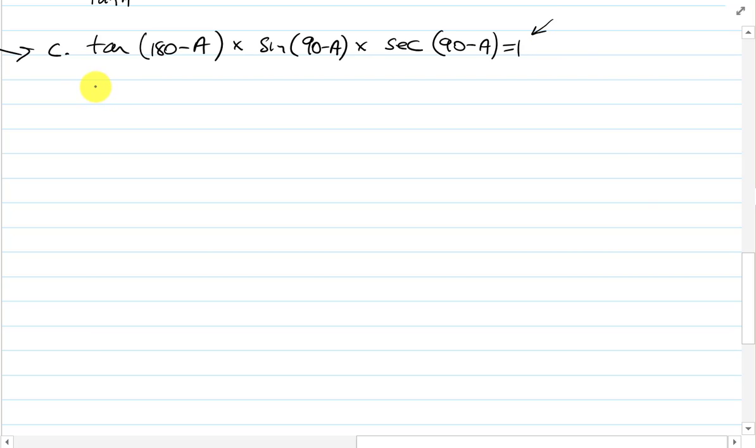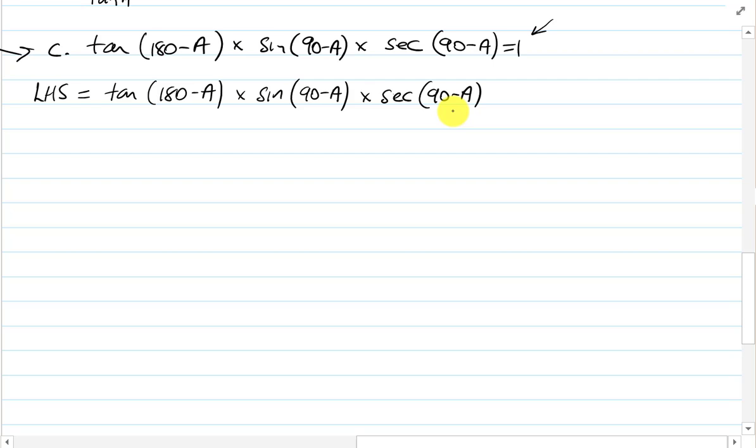So I'm going to write this down now. So it's just the left-hand side. LHS, left-hand side, equals tan of 180 minus a times sine of 90 minus a times sec of 90 minus a. And I have to deal with them all individually.